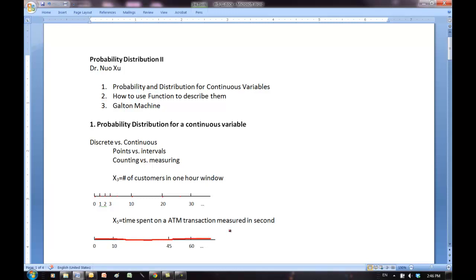So this is always true for discrete versus continuous variables. And another way to look at the difference is by looking at how the value is calculated. A discrete variable could be considered as the result of a counting process, whereas a continuous variable is the result of a measuring process.